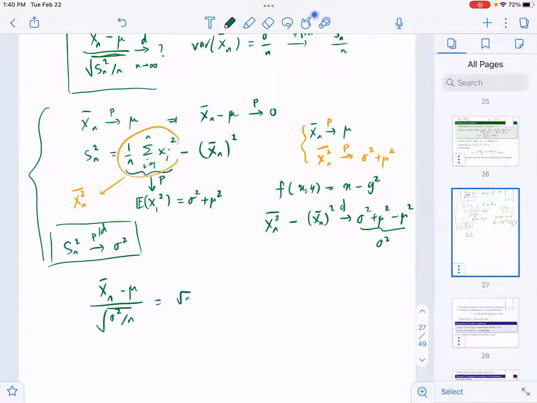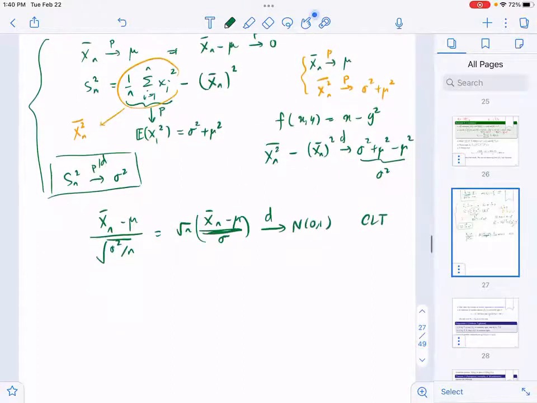This is root n times x bar n minus mu divided by sigma. This by the CLT converges in distribution to normal 0, 1. This is the classical CLT you can verify. It's just normalizing by subtracting the mean and dividing by the standard deviation, which gives me IID sequences with 0 mean and variance 1.